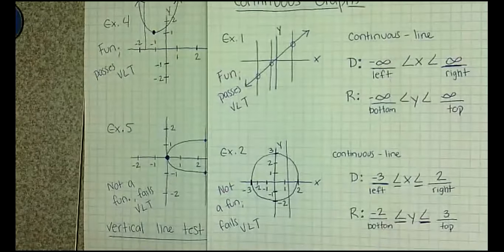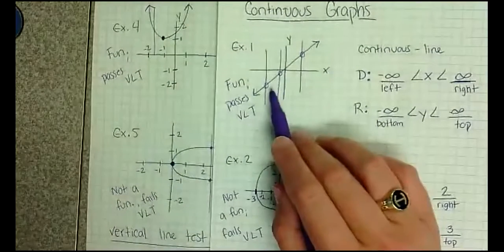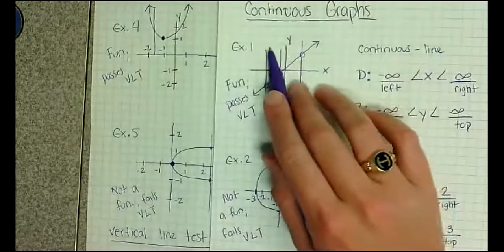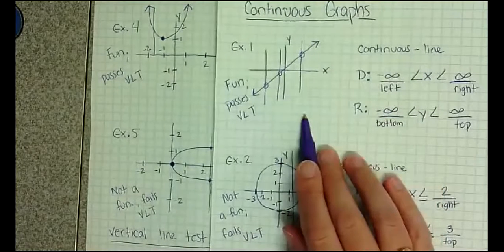I'm confused. What's confusing? For example number 1, isn't it already passing through the graph? So we are putting in vertical lines. You are drawing new vertical lines in.